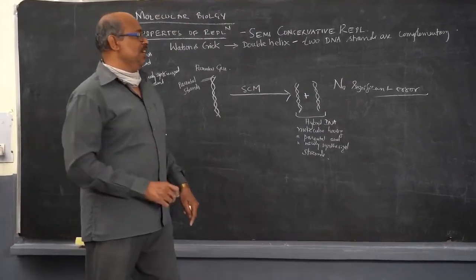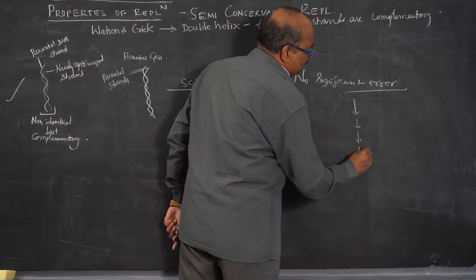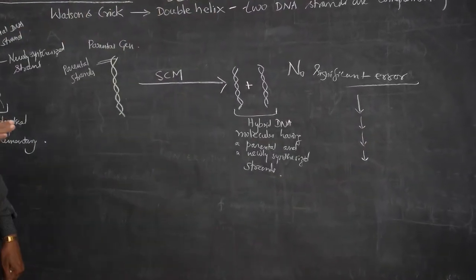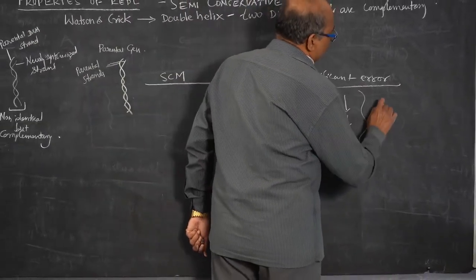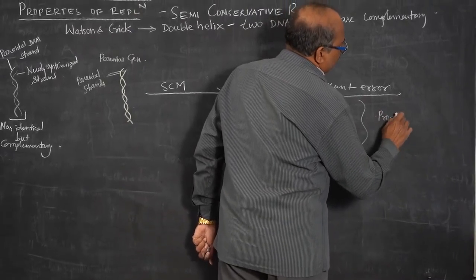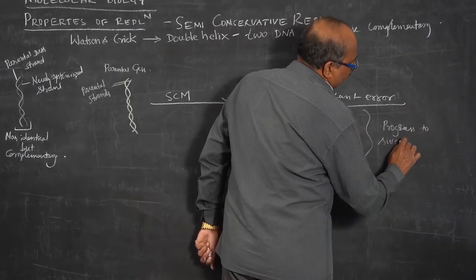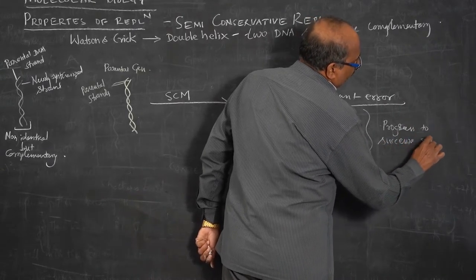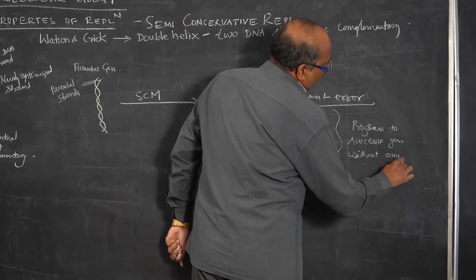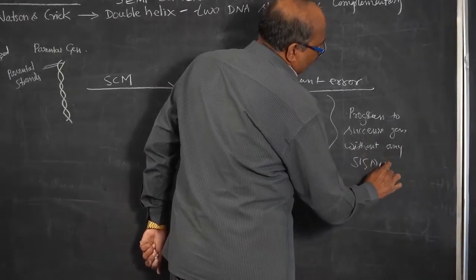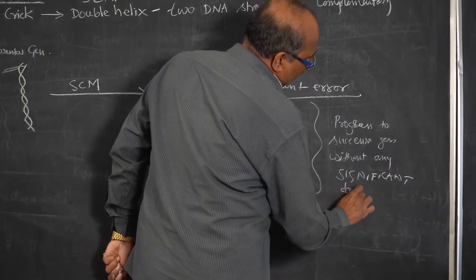This ensures that your genetic material passes from one generation to another successfully, progressing to successive generations without any significant damage. I don't say that there will be no damage, but most of it may not be significant.